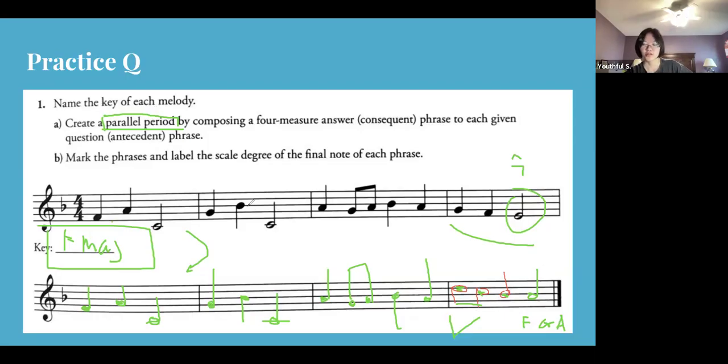So just keep in mind, as long as you end on a stable scale degree at the end, then you're basically free to do whatever you want. This is really good. You can do anything as long as you don't skip by ninths or something. So yeah, you're free to use any creativity to write the last part of the period. Okay.